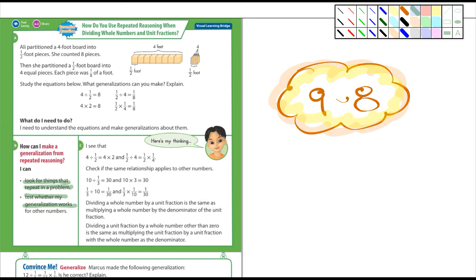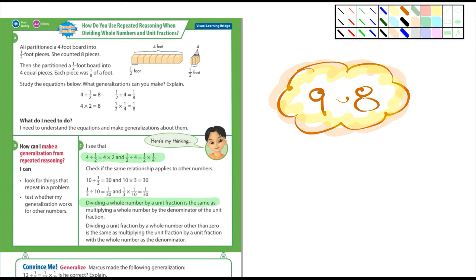And then in box C there, it points out that 4 divided by 1/2 is the same as 4 times 2, and 1/2 divided by 4 is the same as 1/2 times 1/4, or 1/4. And then it says to check if the same relationship applies to other numbers. And you can see that it does. So here's what's important. It says dividing a whole number by a unit fraction.